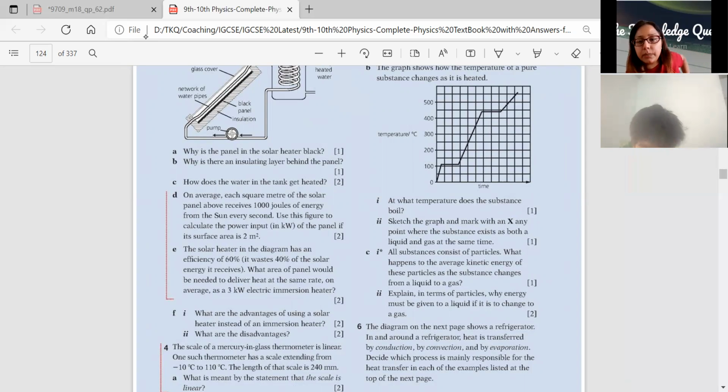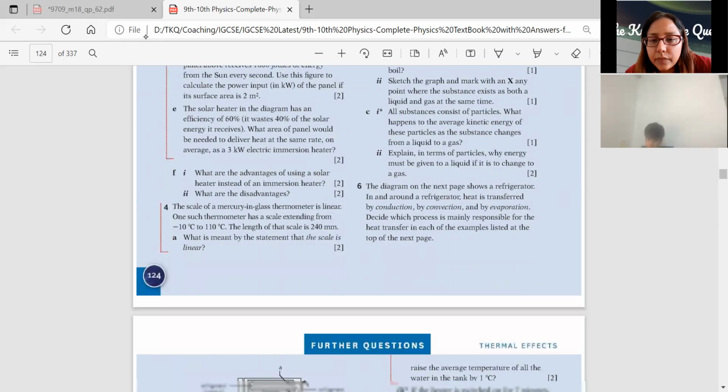Then explain in terms of particles when and why energy must be given to a liquid if it is to change to a gas. So that it has enough energy for the particles to move apart and turn into a gas.